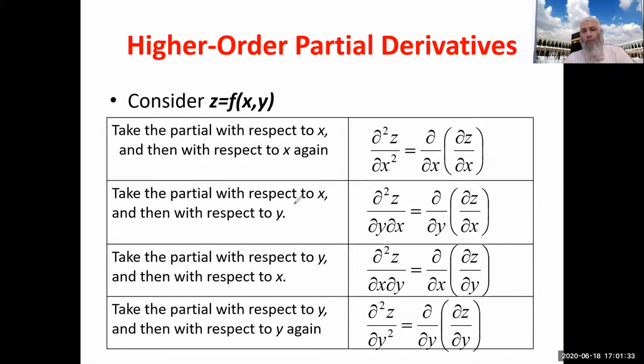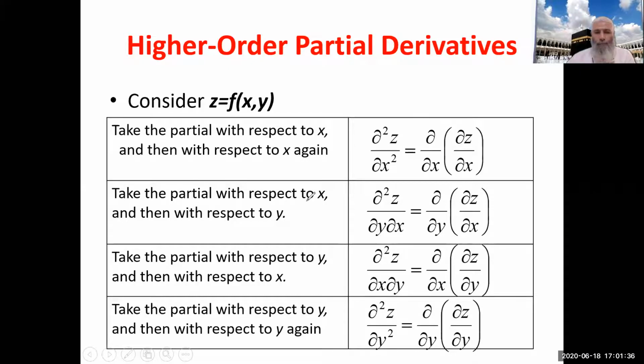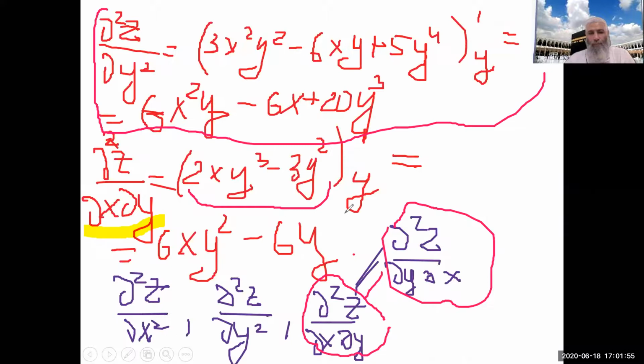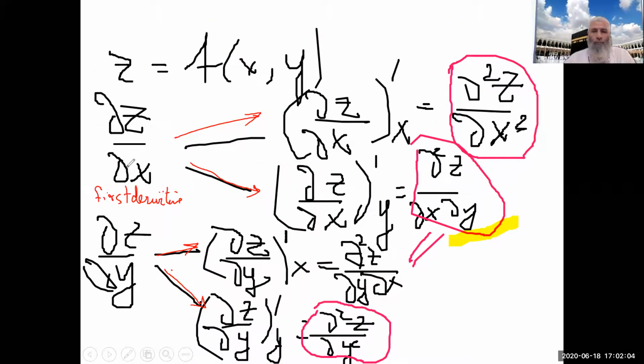So, just you can take the partial with respect to x and then with respect to y. Okay. So this is with respect to x. And then with respect to y, yeah, and he wrote it like this.